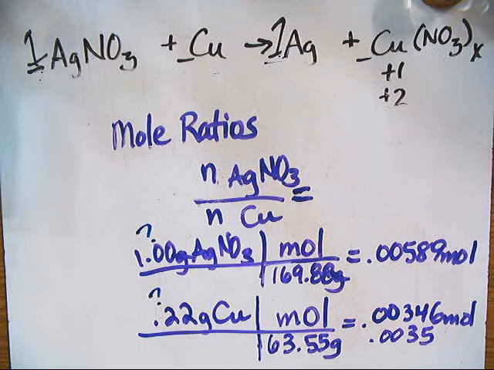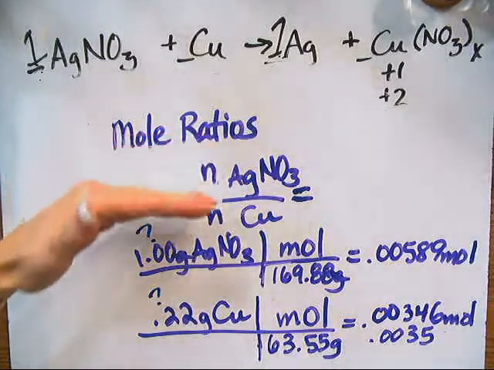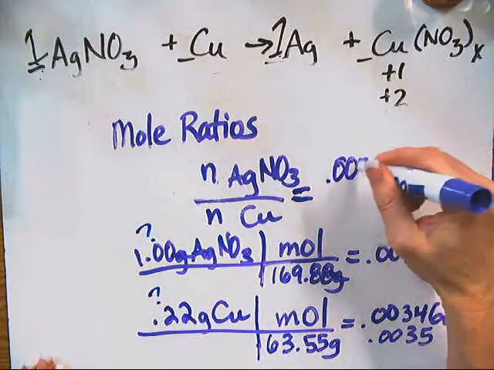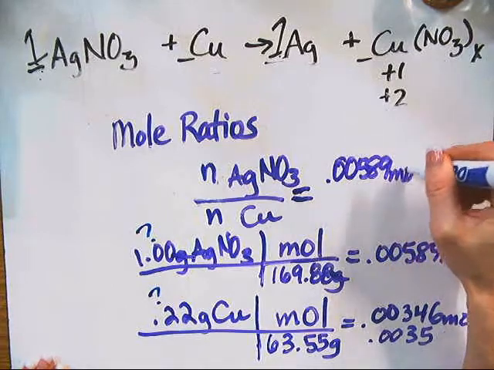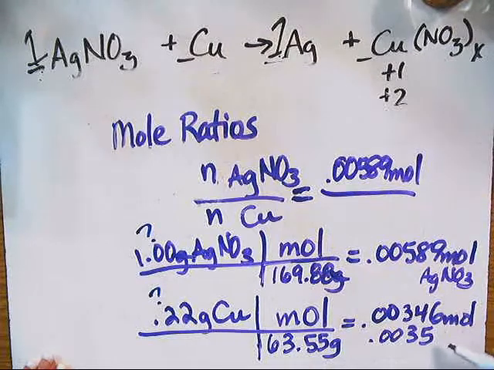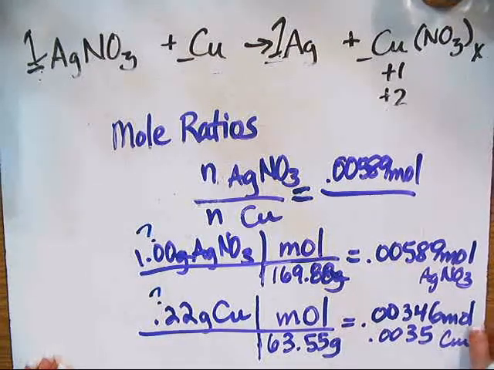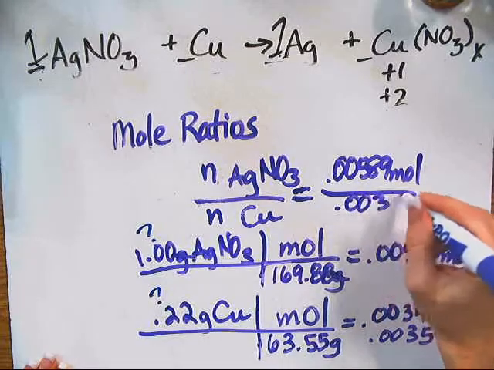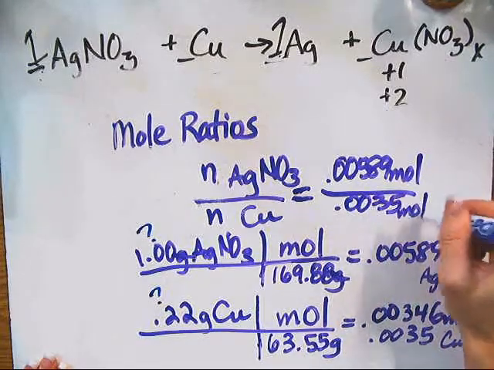Divided by the molar masses from the periodic table, and I get 0.00346. Maybe with two sig figs, maybe 0.0035. Sig figs are not crucial right here because they've told you they want an integer ratio, so the closest integer.